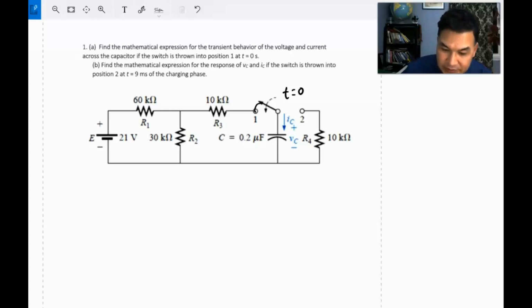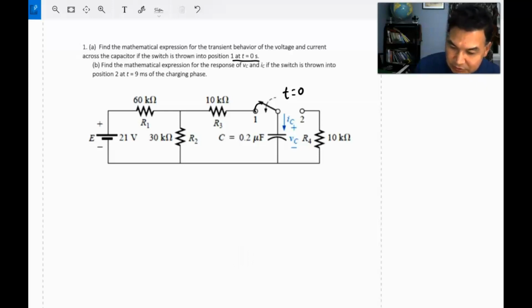It's asking you to find the mathematical expression for the transient behavior of the voltage and current across the capacitor if the switch is turned on at t equals 0. You can simply use Kirchhoff's laws, nodal analysis, to find the voltage relationship and keep it in differential equation form and then solve it. That's the standard way.